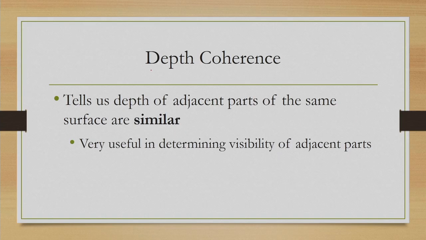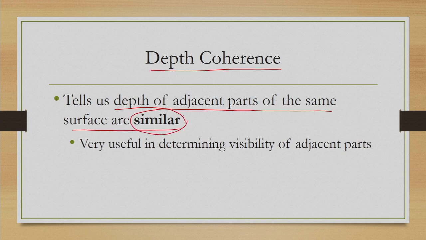Next is depth coherence, which tells us that depth of adjacent parts of the same surface are similar. There is not much change in depth at the adjacent parts of a surface. This information in turn helps us to determine visibility of adjacent parts of a surface without too much computation.